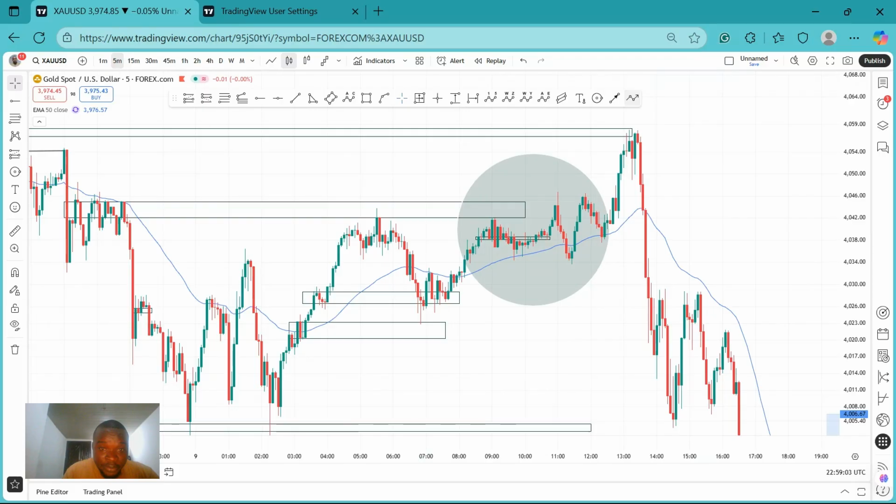Then a retest around another block is going to happen. Then I was expecting an overshoot. Do you understand that? But you can find out that price respected this even more than once. It respected it once, it respected it twice, and it respected it thrice.